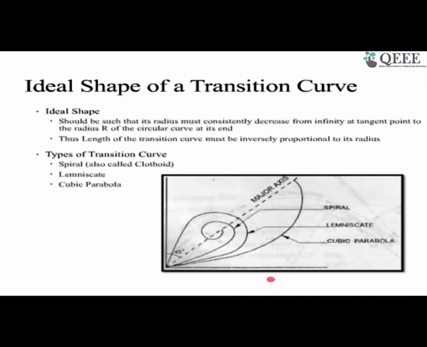Both are in distance, meaning you are looking at the XY plane, because this is what we are providing in the horizontal plane, the horizontal alignment. If you have a tangent section which is coming from here, and this is what you are fitting, and this is where the curve is, both are actually in meters or centimeters, whatever unit you can say, because this is for the horizontal alignment.